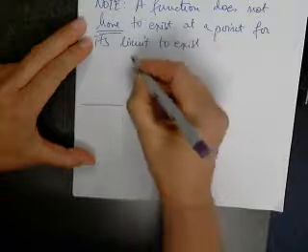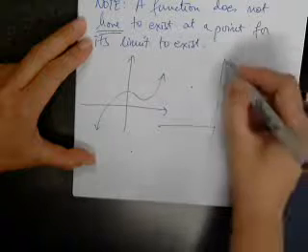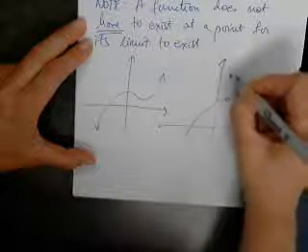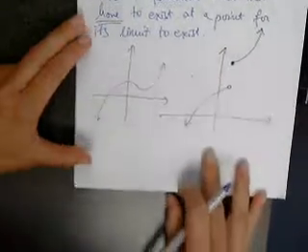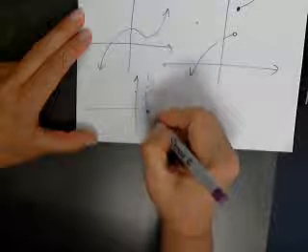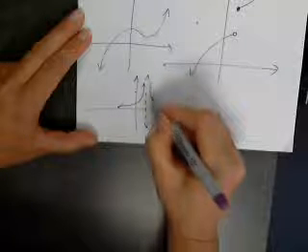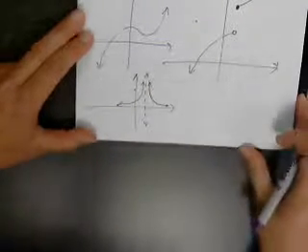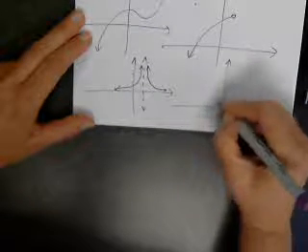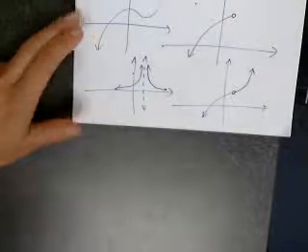So here's one graph. Here's another. Okay, so we have 4 graphs.